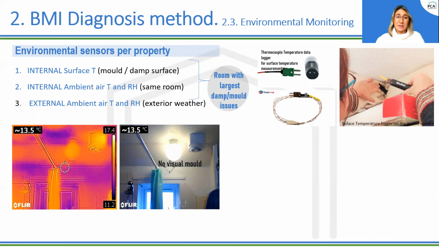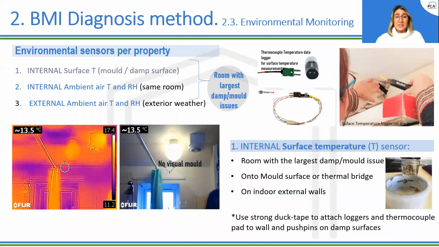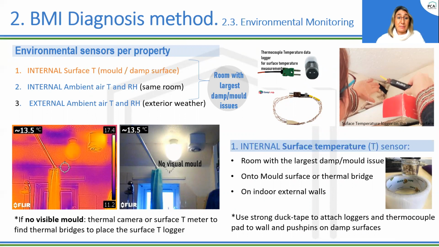We need first an internal surface temperature sensor, second an internal ambient air temperature and humidity sensor, and third an external ambient air temperature and relative humidity sensor. The first internal surface temperature data logger, we will place in the room with the largest damp mold issue onto the mold surface, or if there is no visual mold, we will place this on a thermal bridge.